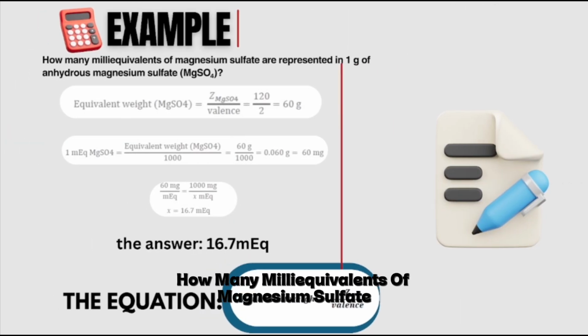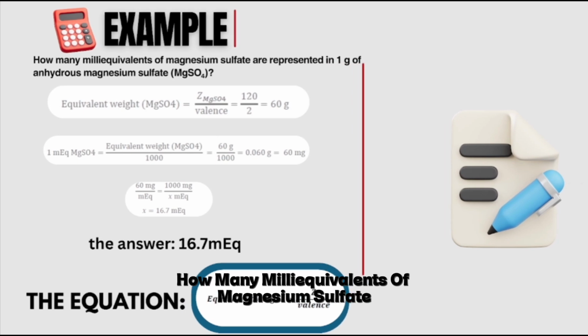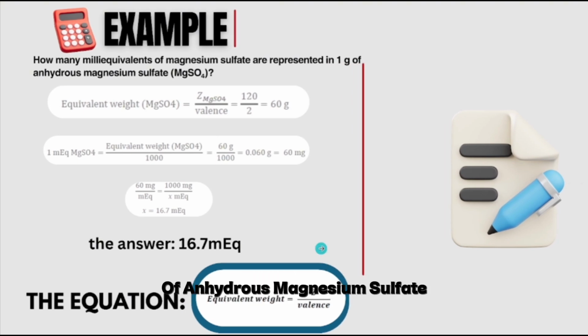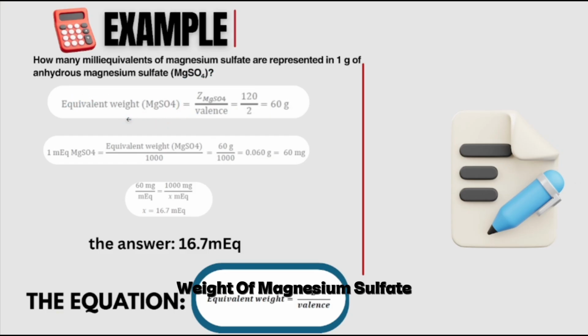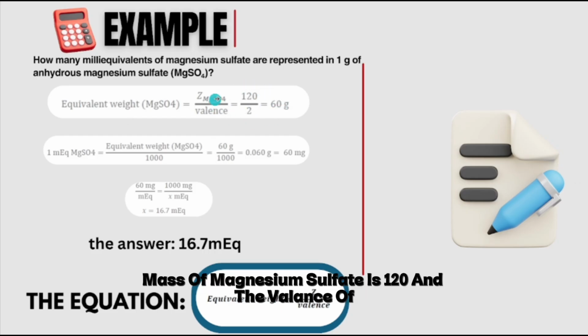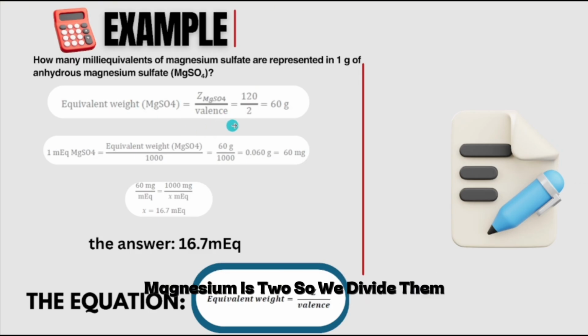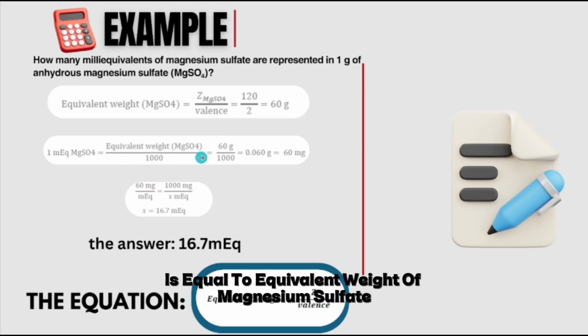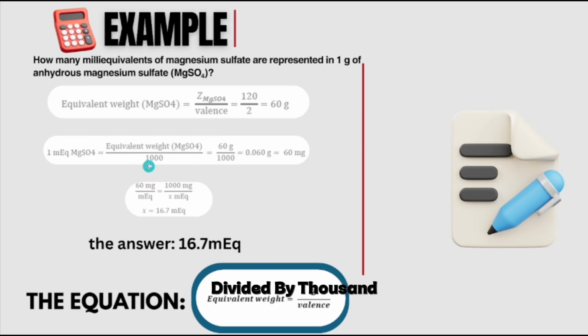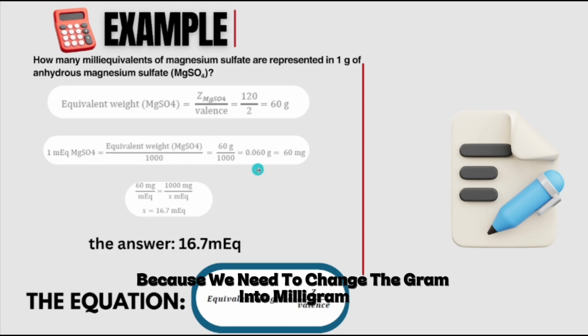For example, how many milliequivalents of magnesium sulfate are represented in 1 gram of anhydrous magnesium sulfate? First, we must find out the milliequivalent weight of magnesium sulfate. The atomic mass of magnesium sulfate is 120 and the valence of magnesium is 2, so we divide them. 1 milliequivalent of magnesium sulfate is equal to the equivalent weight of magnesium sulfate divided by 1000, because we need to change the gram into milligram.